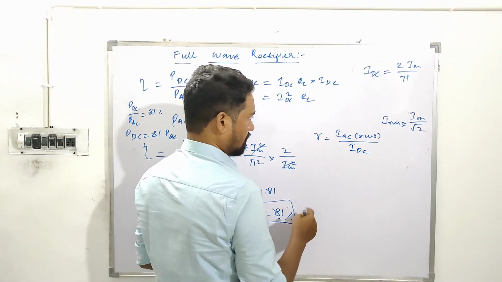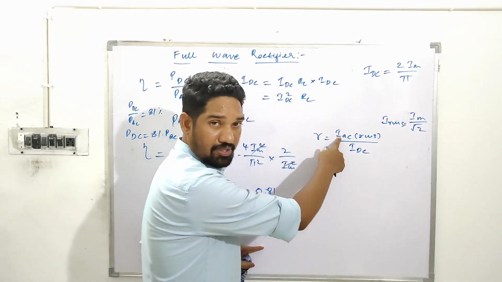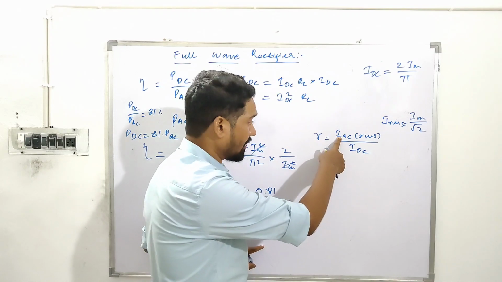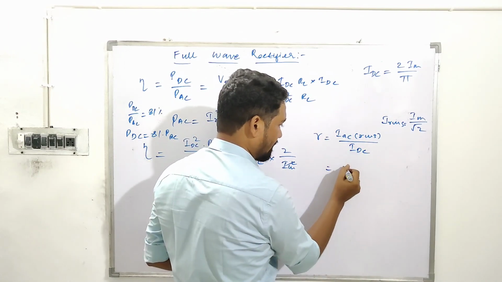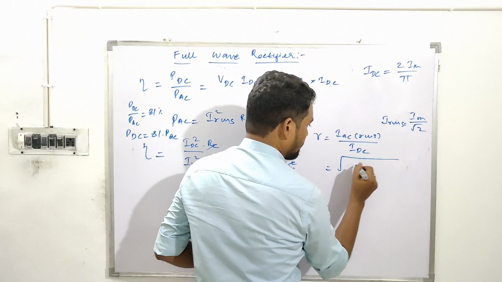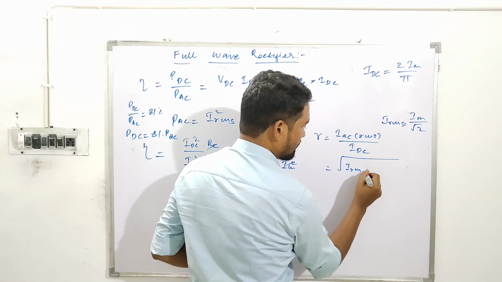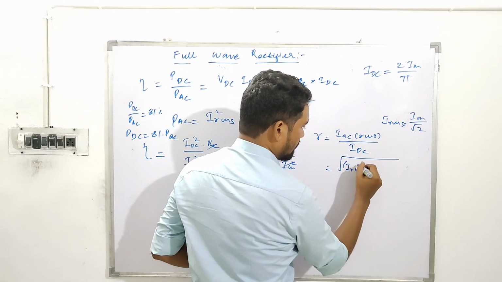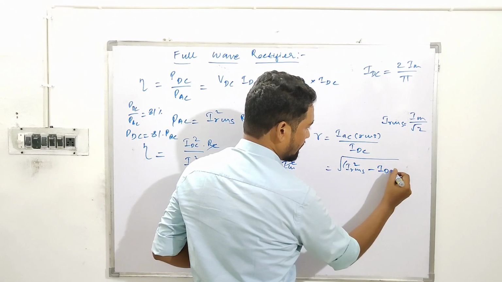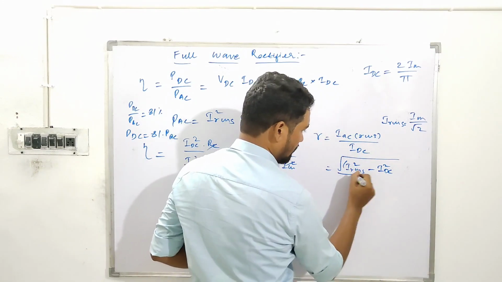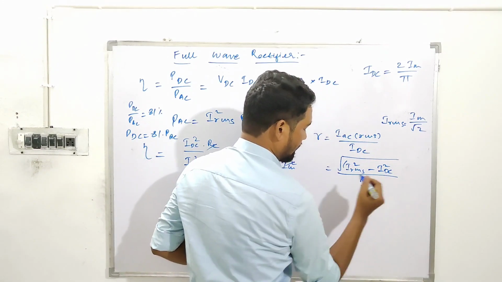Something new? No, this isn't rocket science. We have a formula for IAC RMS: under root IRMS squared minus IDC squared, upon IDC.